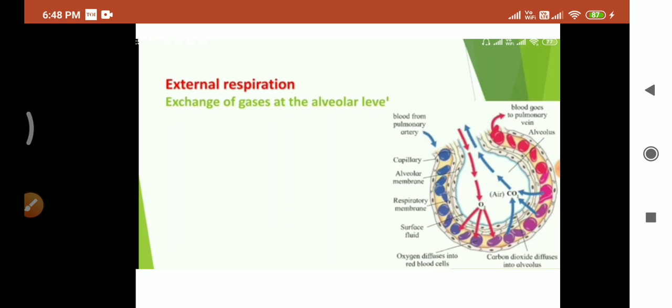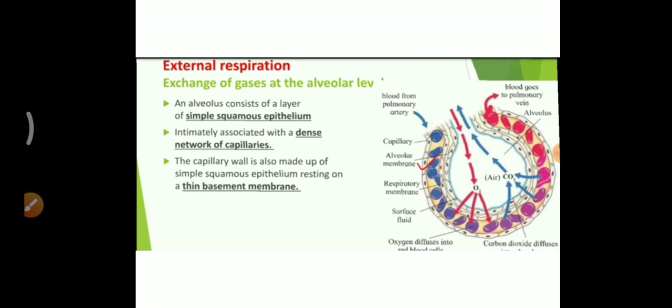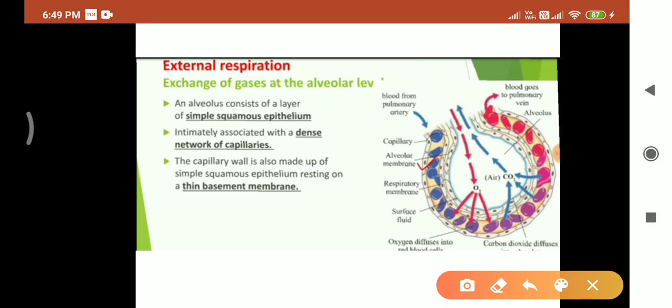Next, what is exchange of gases at the alveolar level? We will start with external respiration. First, we have to discuss the structure of the alveolus. The alveolus is made up of a tissue or cell, that is squamous epithelium.